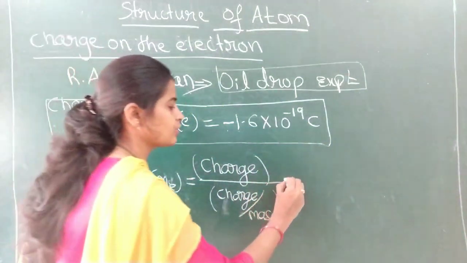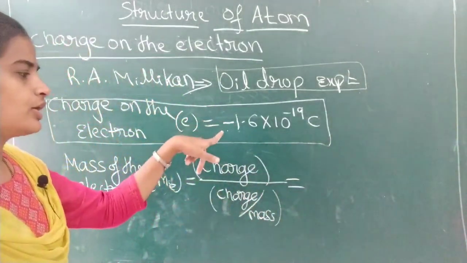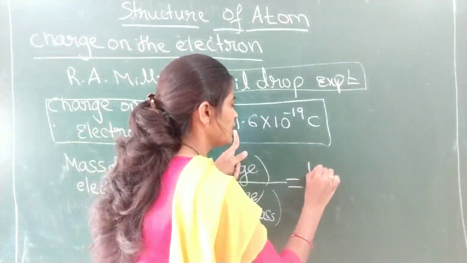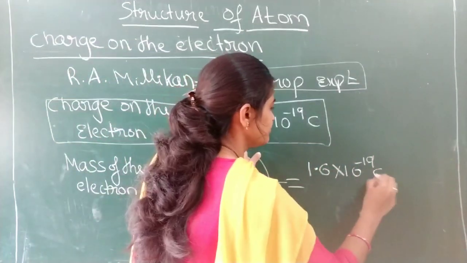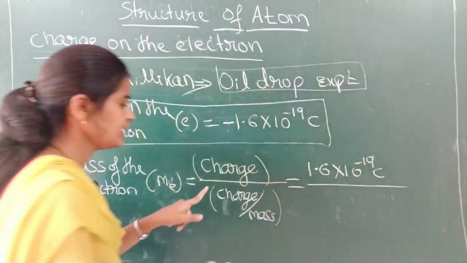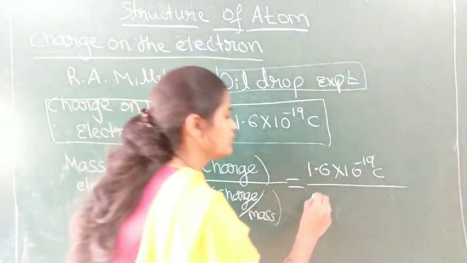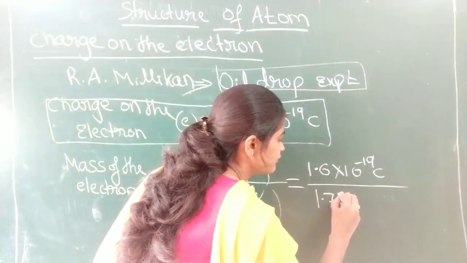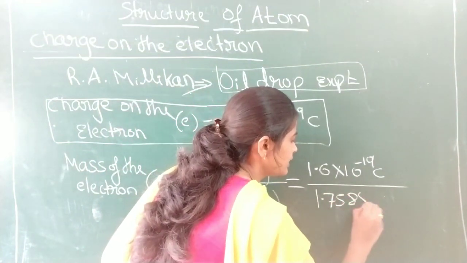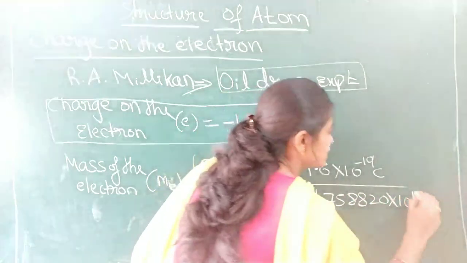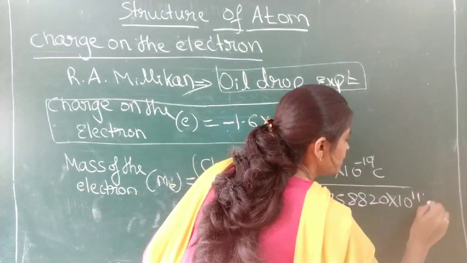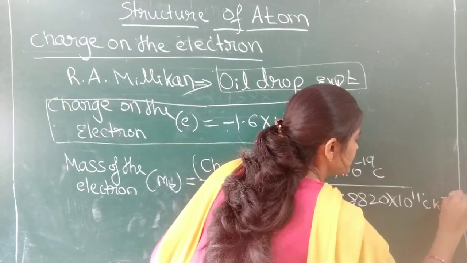The charge of the electron was found by Millikan's oil drop experiment, that is 1.6 into 10 raised to minus 19 coulomb, and the charge to mass ratio was found to be 1.758820 into 10 raised to 11. The unit of this is coulombs per kg.